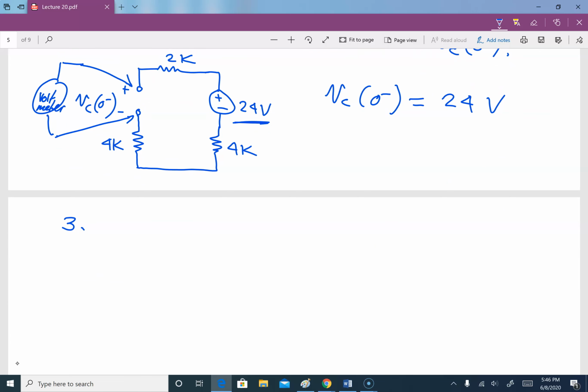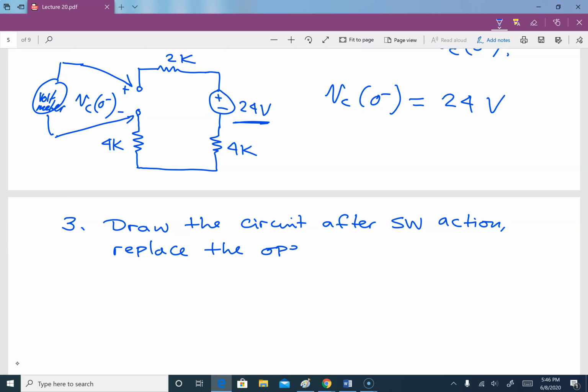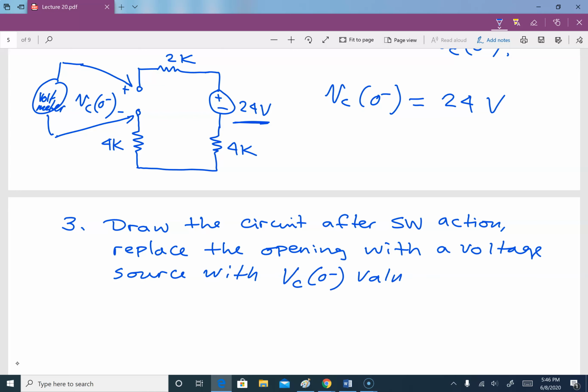Now we will go to step 3. Step 3 says to draw the circuit after switch action, replace the opening with a voltage source with VC of 0 minus value, because VC of 0 plus is equal to VC of 0 minus, since the voltage will not change right away, so it will not change abruptly.